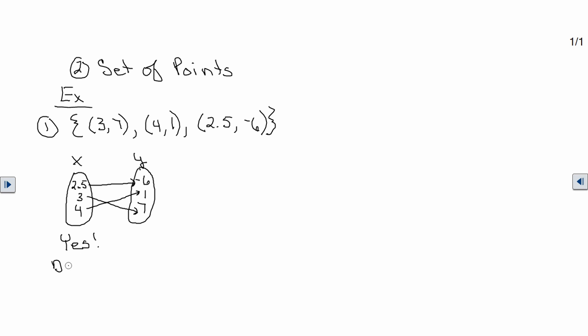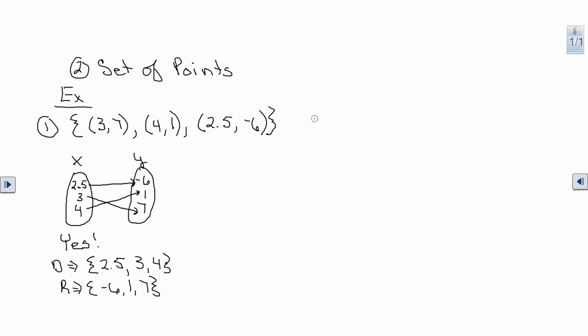My domain is kind of taken care of when I do a mapping like this. My domain is 2.5, 3, and 4. My range is negative 6, 1, 7. And I just got that from right here, from the y's.